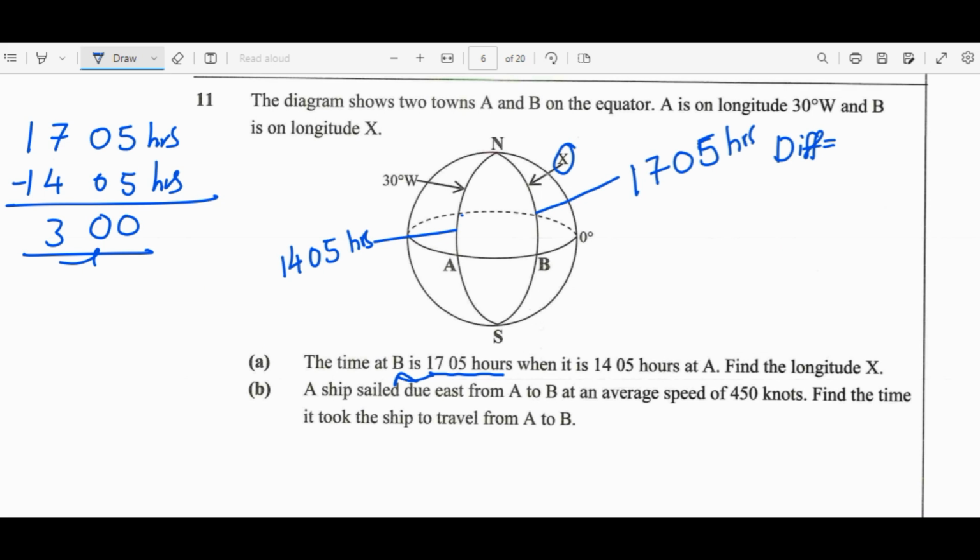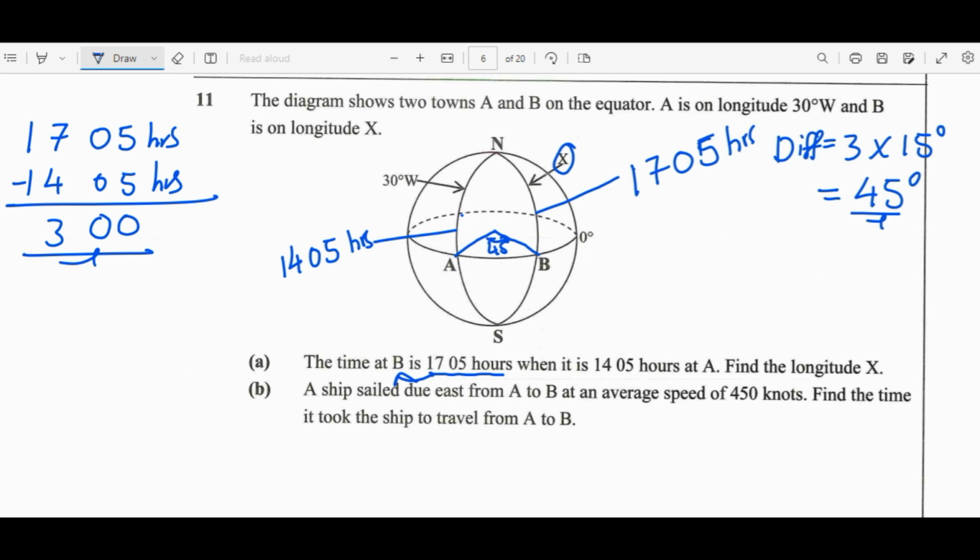Now, if you are changing from degrees to hours, you divide by 15. But from hours back to degrees, you multiply by 15. So it's 3 times 15. So if you multiply the two numbers, you get the product of 45. So the difference in longitude was 45 degrees. So that is the angle, this is 45.